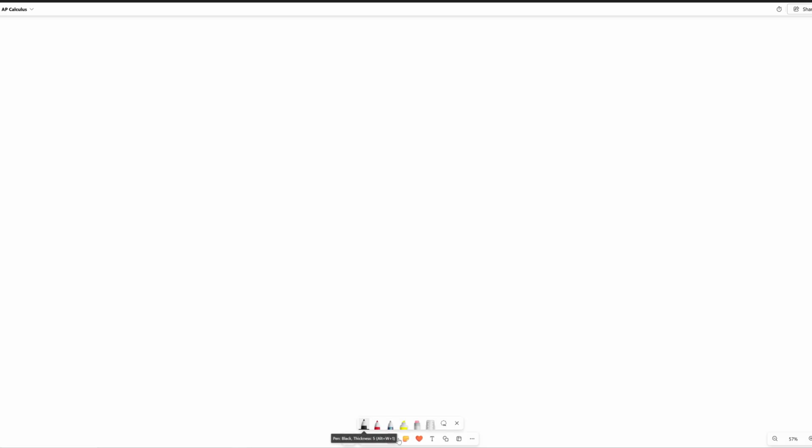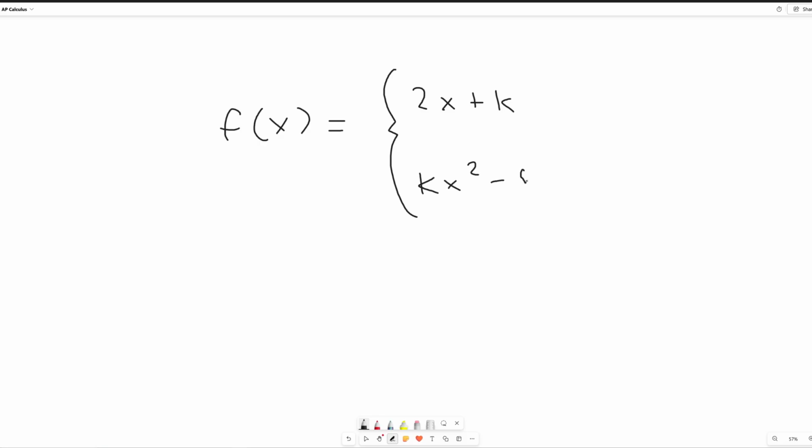They also will sometimes ask you to find a variable that satisfies continuity. So, if you have f of x equals 2x plus k, and then kx squared minus 5, for x less than 2 and x greater than or equal to 2.